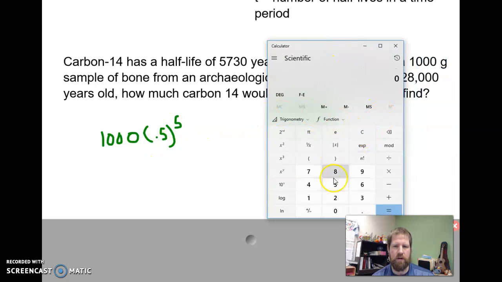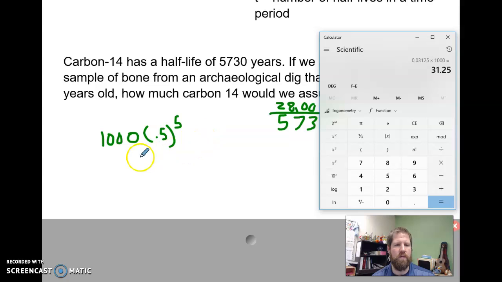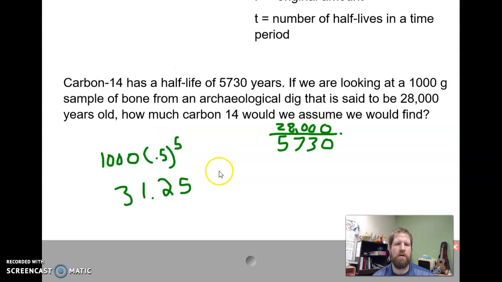So 0.5 raised to the 5th times 1,000. And it looks like out of that original 1,000, we would expect about 31.25 grams of carbon-14 to remain. Okay, and that's how half-life and exponential decay works.